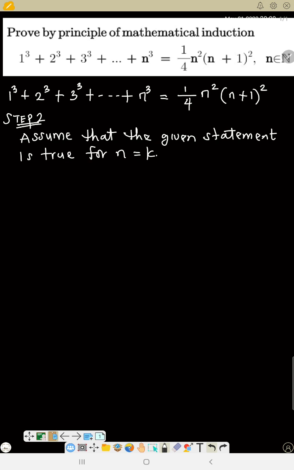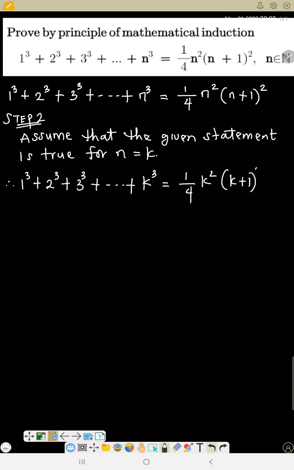In this step, just rewrite everything here but change only n to k. So that means this will be 1 cube plus 2 cube plus 3 cube plus up to k cube equals 1 over 4 k square, k plus 1 square, for k a member of the natural numbers.